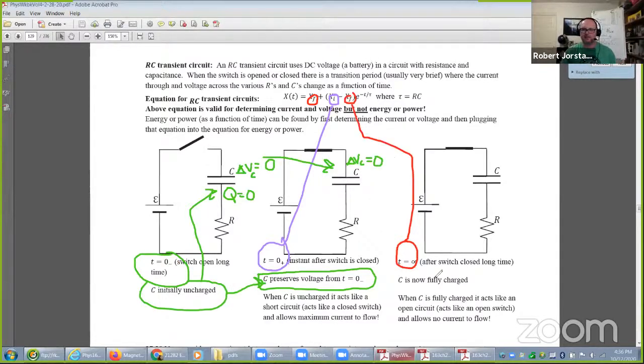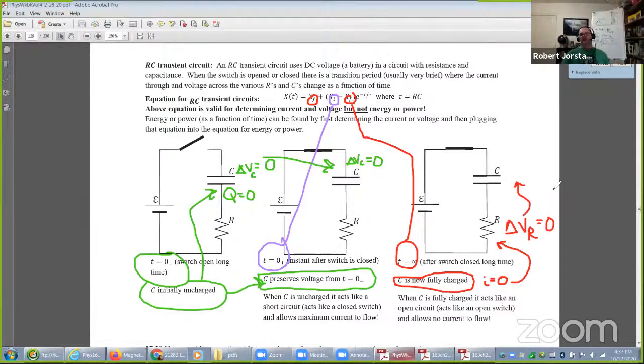And I should point out, in this stage, when the capacitor is fully charged, you know that I equals 0 through a full capacitor. And that gets you started right here, which tells you that the voltage across the resistor is 0. And that gets you back to the final state there.